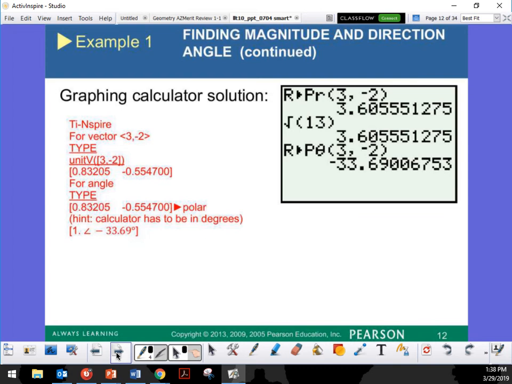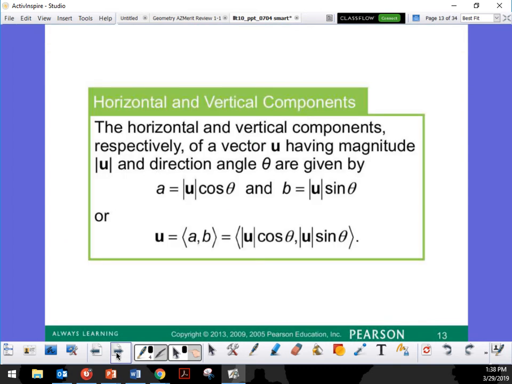All right. The horizontal and vertical components, respectively, of a vector u having magnitude u and a direction angle theta, are the magnitude of u times the cosine, and the magnitude of u times the sine.